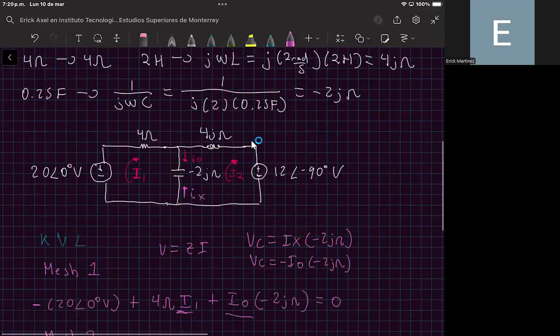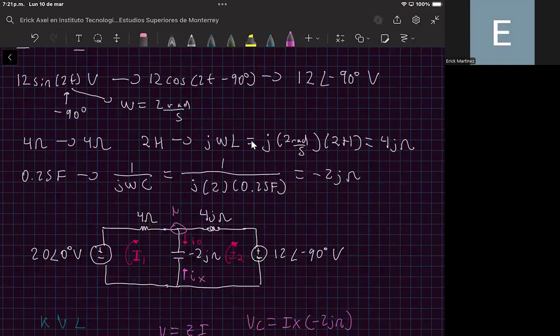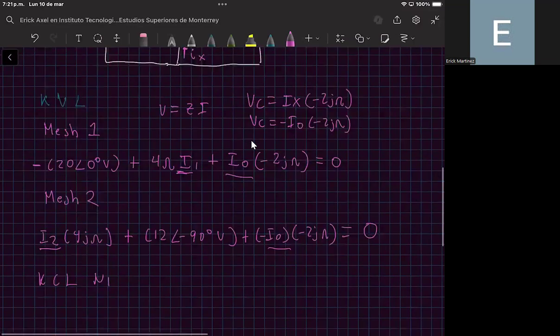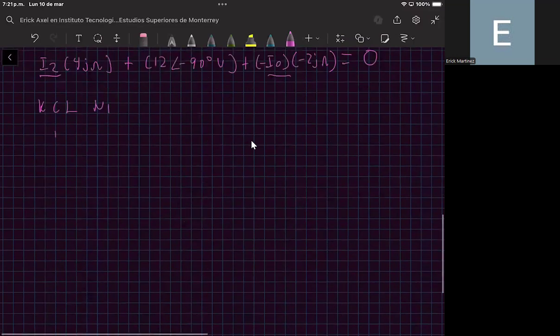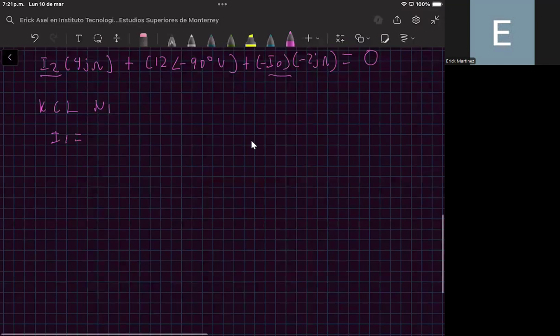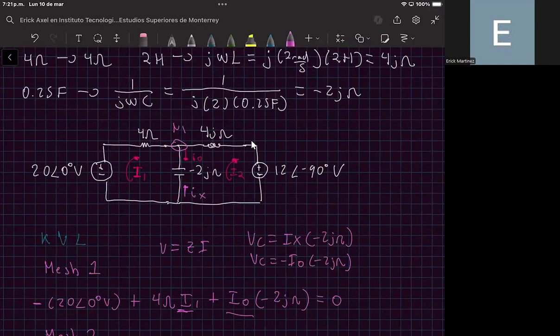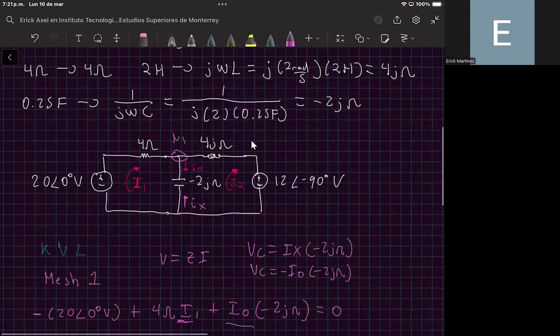But if you analyze in particular this node, you will notice that if we apply the Kirchhoff current law to this node, I will label this as node 1. In node 1, we can see that I1 is entering the node. And the ones that are leaving are I sub 0 plus I2.